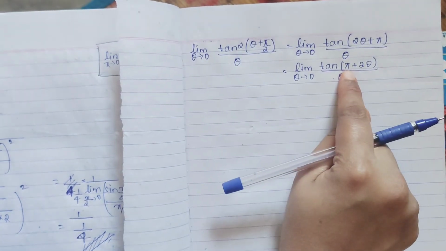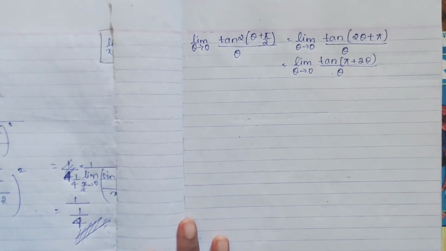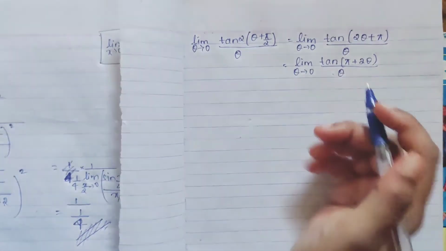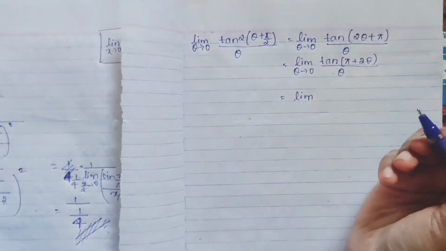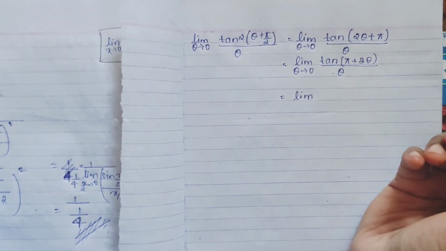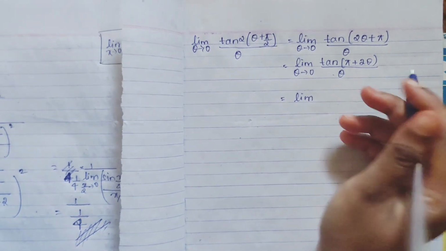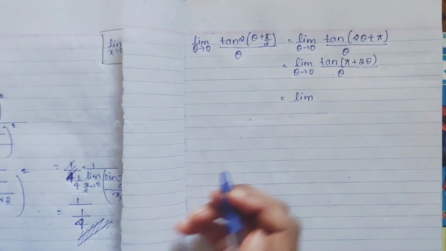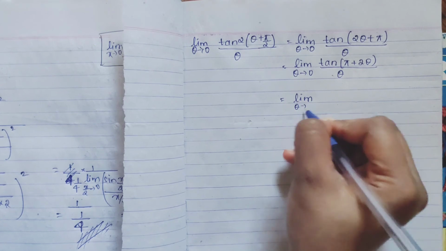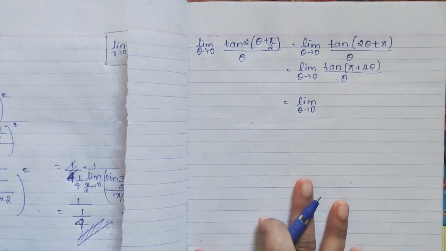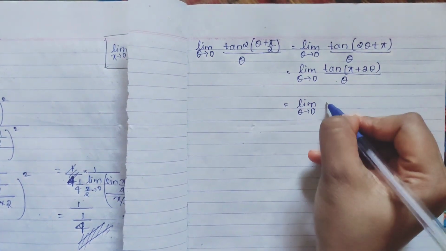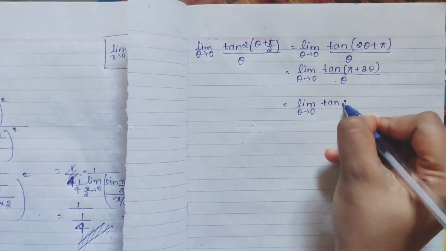Pi is nothing but 180, and it lies on the x axis. When it is on the x axis, your function doesn't change. So with theta tending to 0, tan of pi plus 2 theta gives tan 2 theta itself.